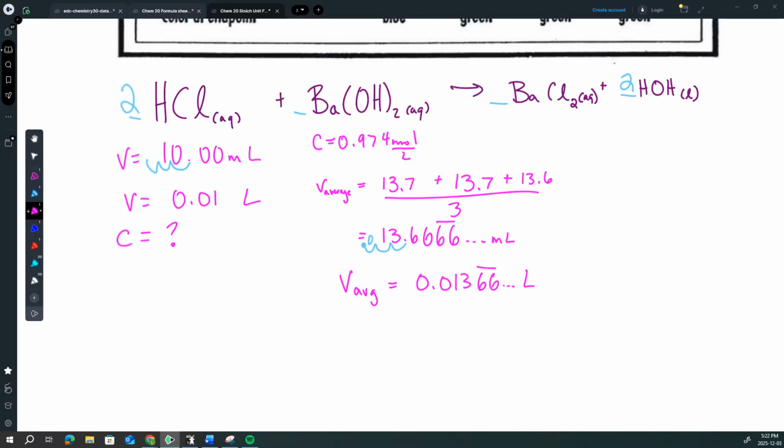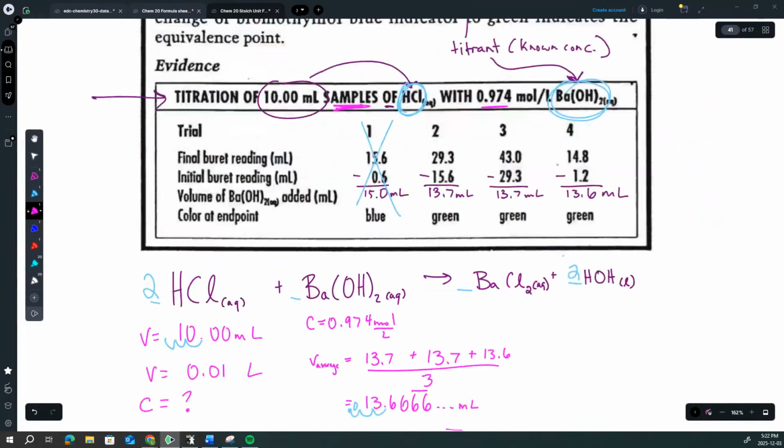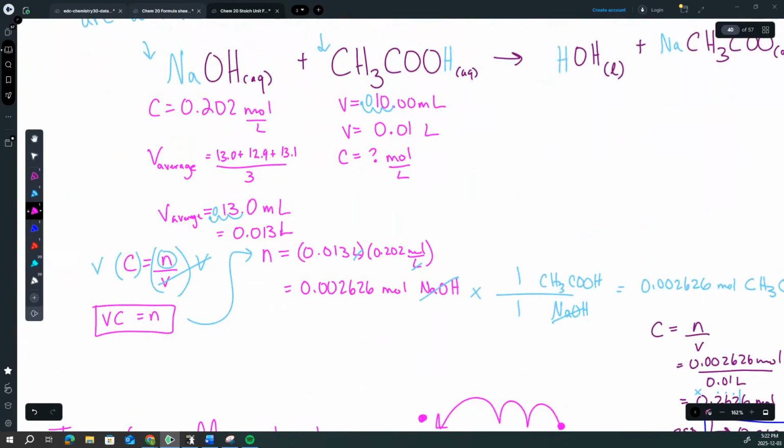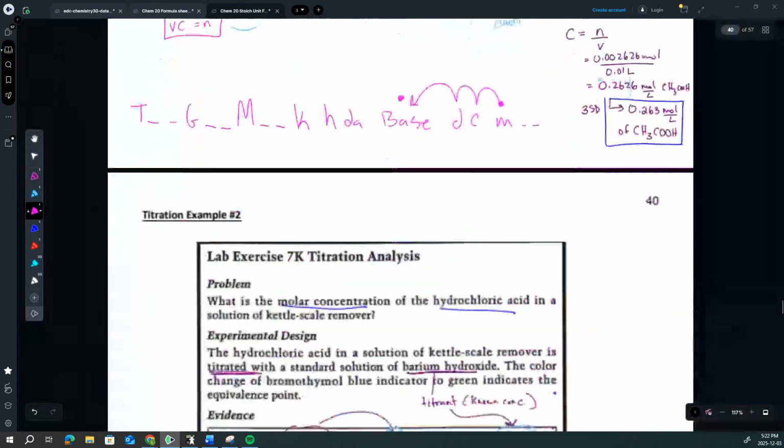Okay, so step 1, balanced chemical equation, done. We organized our information. Now we need to do step number 2, which is find moles of our given substance, which in this case, we're given the most information for barium hydroxide. As we said before, we can find moles using this formula.